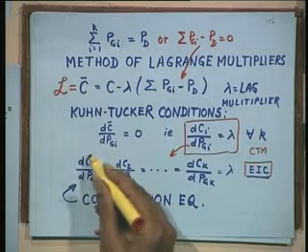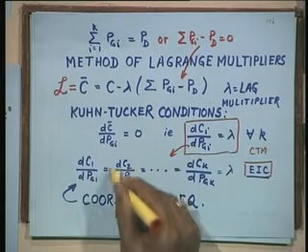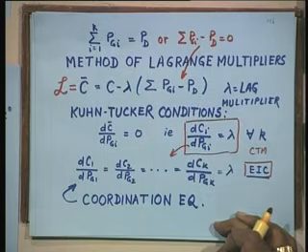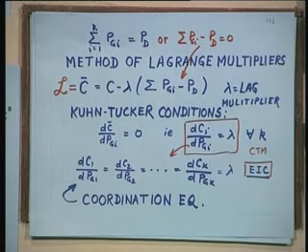All such incremental costs, when they are equal, we say we have achieved economic operation. These equations are also called coordination equations in literature. Suppose I give you a question, derive coordination equation for economic operation, then this is the equation you have to derive.